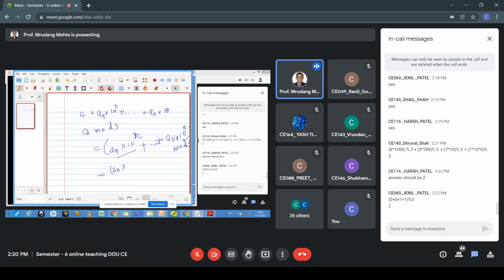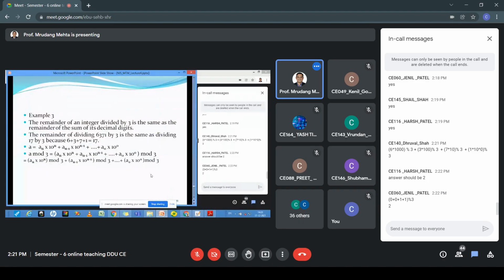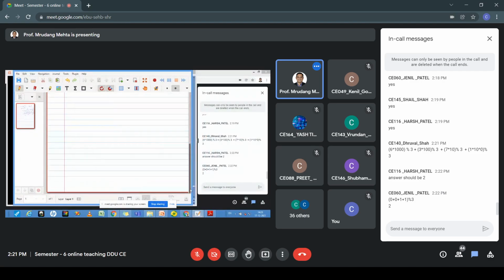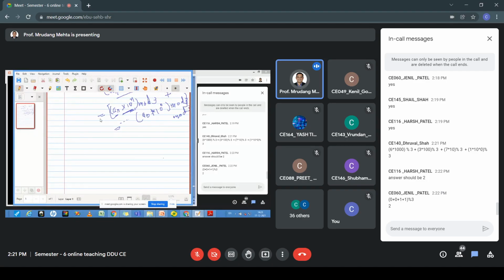So an into 10 raised to n mod 3 plus, we'll write a0 into 10 raised to 0 mod 3, and the whole of mod 3, and then we apply the multiplication. So what can we write?